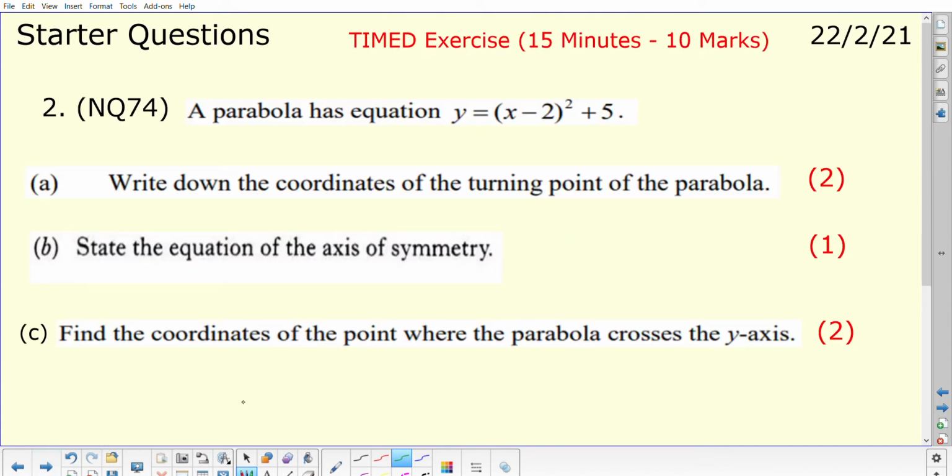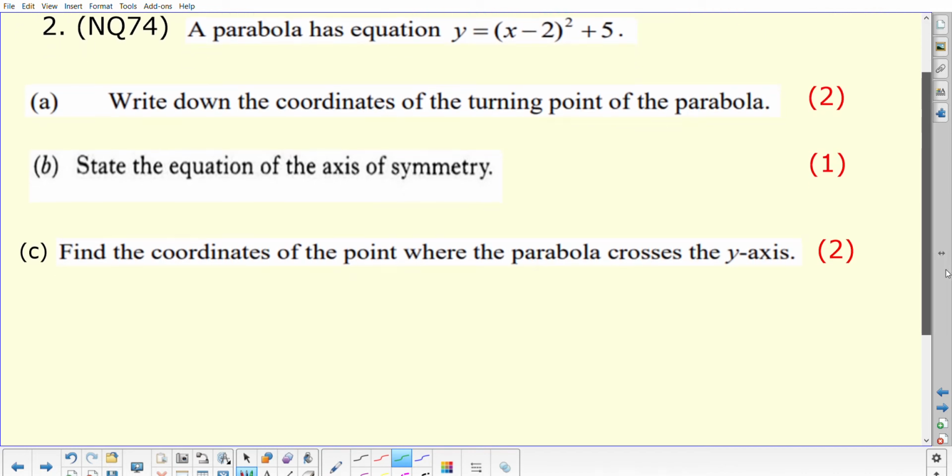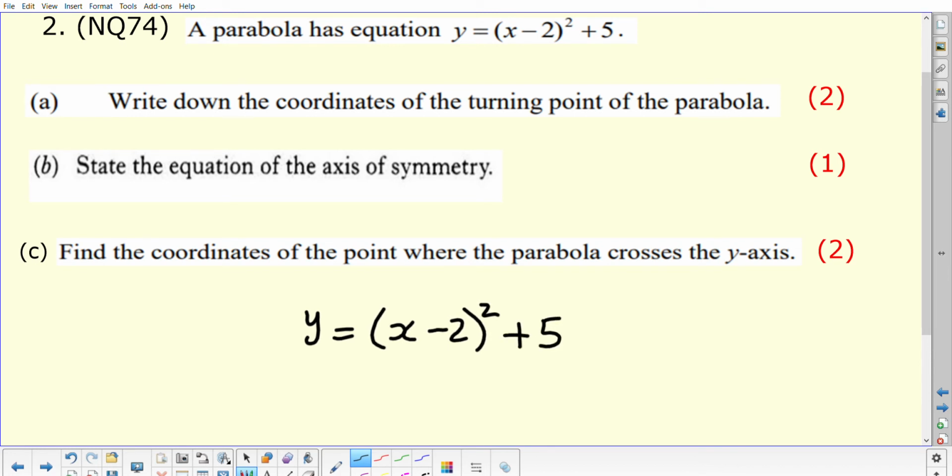For this question here, the second question, you've got the equation of a curve and you are asked to identify the turning point of your parabola from this equation. So what we know, if I just write the equation down here again, and I would suggest that you should have had that written down on your page, we know that from this information we can identify the coordinates of the turning point.